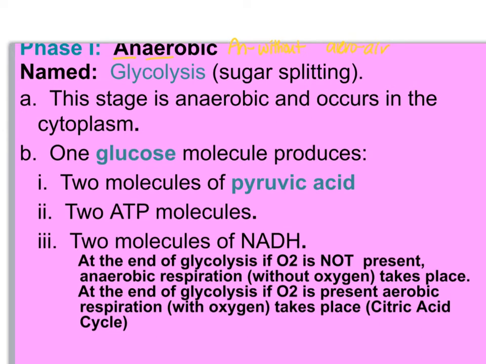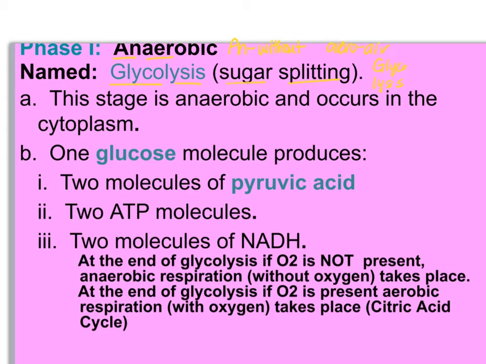And in our case, it's going to be oxygen. Now, you should also recall that glyco is sugar and lysis is splitting. So in the first phase, we literally take glucose and split it. So this is the initial splitting of glucose.